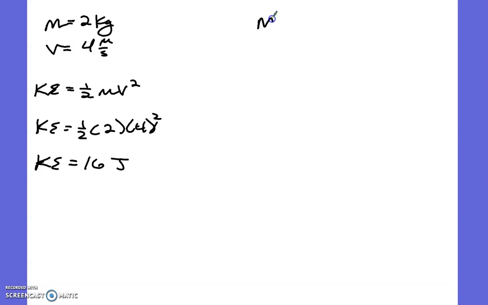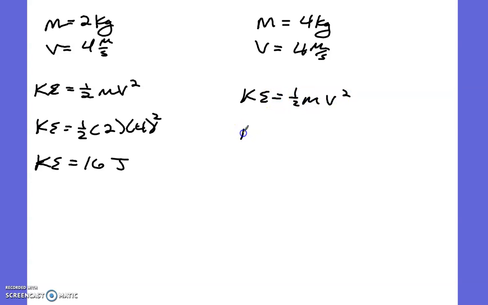Now what happens if we double the mass? Let's say we have a mass of 4 kilograms, still have the same speed of 4 meters per second. Well, now to calculate our kinetic energy, it's still 1/2 mv squared. Mass is 4.